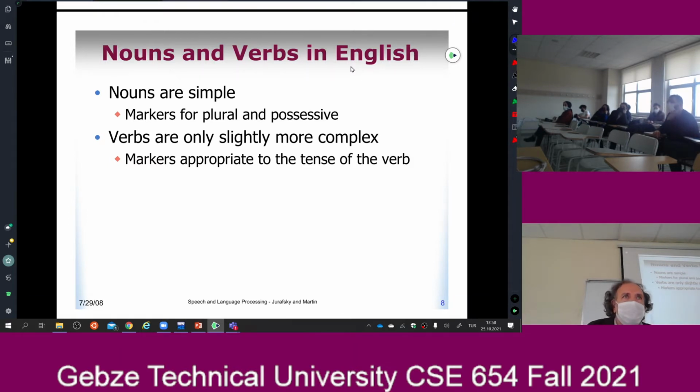You will say these are my books, where I made the word book plural, or you could say this is the book's cover, possessive. So that's it. And verbs are not that much more complicated. For the verbs there is tense adjustment, tense suffixes to make the past tense and so on, the ing form, and that's it for the tense.